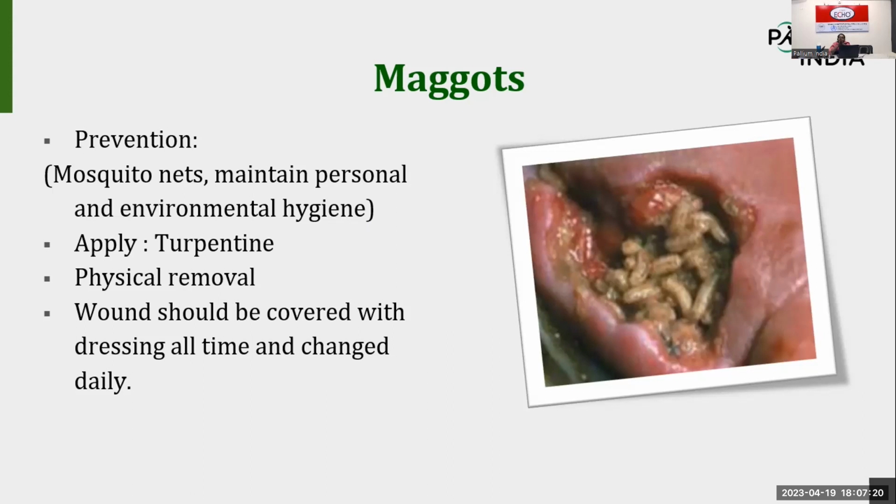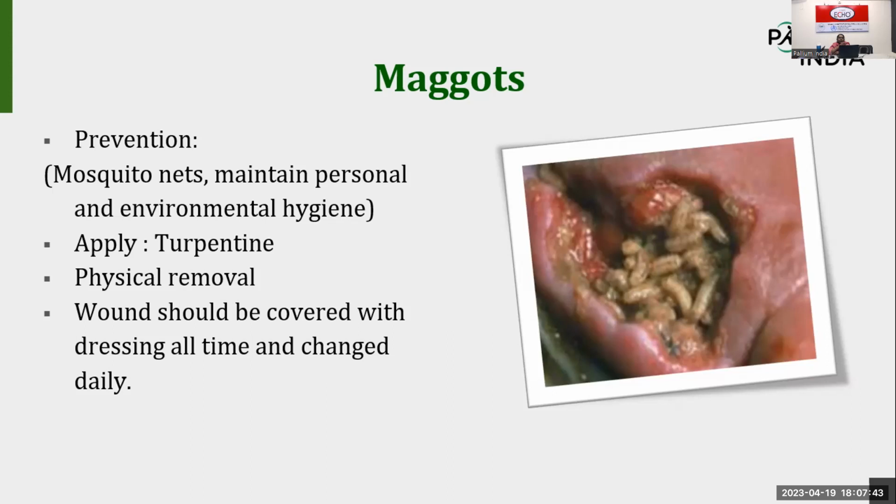So always you have to try to prevent maggot formation, and give proper education to the patient and family. If they do not cover the wound properly, the housefly will lay eggs, and after that maggots will be there.